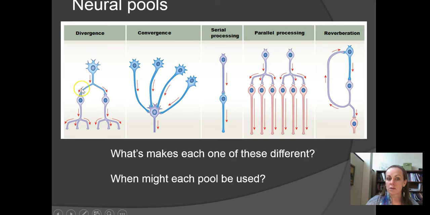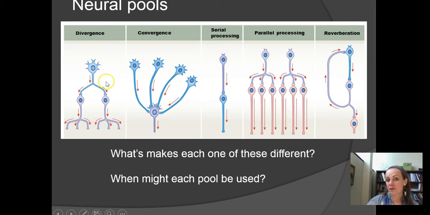One, you want to send some of that information to the muscles of your arm so it pulls back your hand from the hot stove. You may also want to send some of that information up to your brain areas for conscious perception, so you can say to yourself, oh my goodness, that was hot. And then you can learn to not touch the stove when it's hot again.